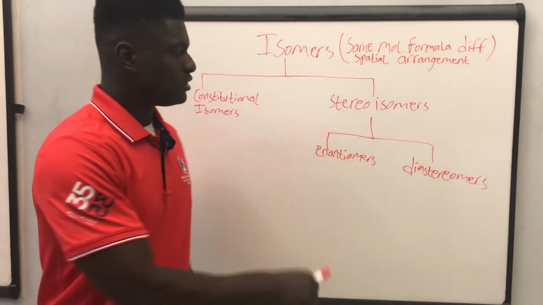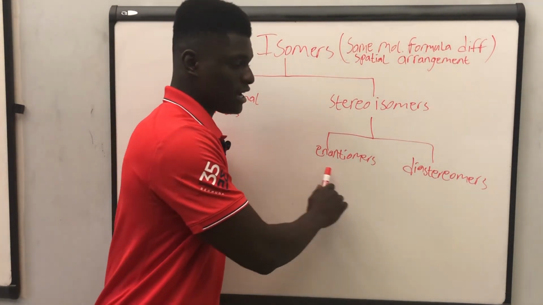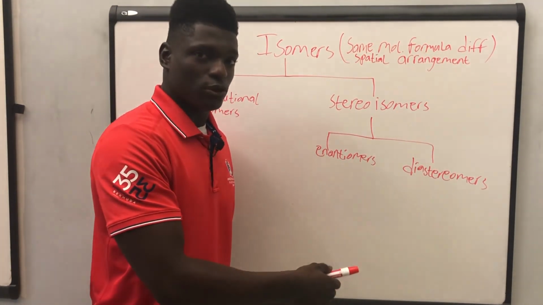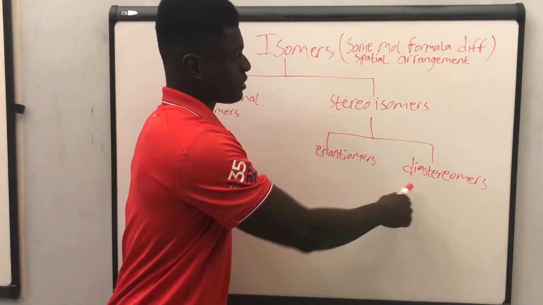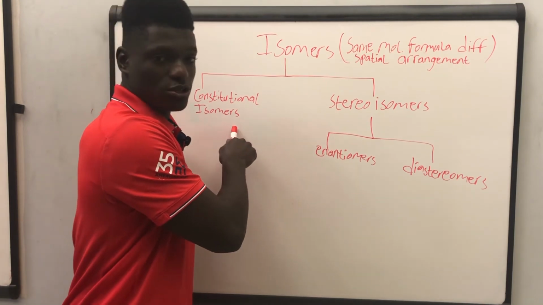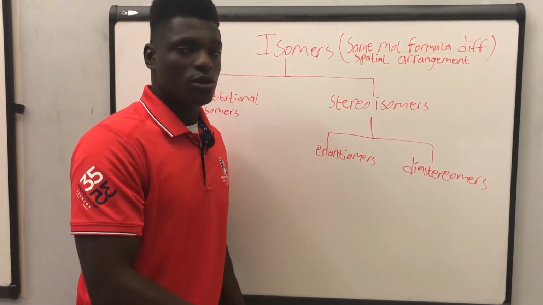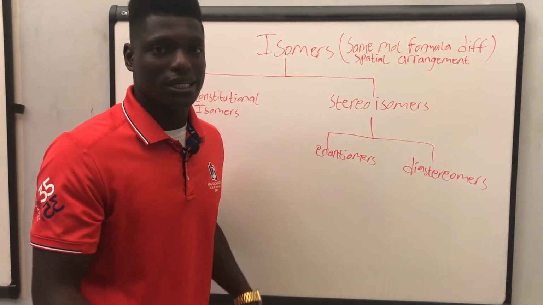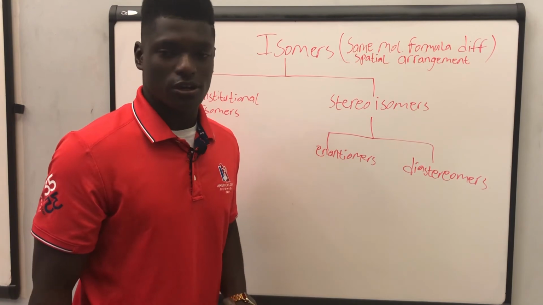These are the two main types of stereoisomers that you're going to be dealing with, and we're going to dive right in to see examples of how to differentiate between an enantiomer, a diastereomer, or a constitutional isomer, or whether molecules are the same compound, or if we're dealing with completely different molecules in general. So without further ado, let's talk about that right now.